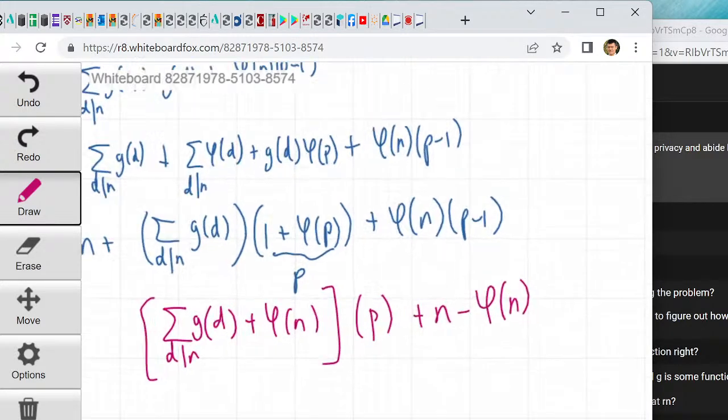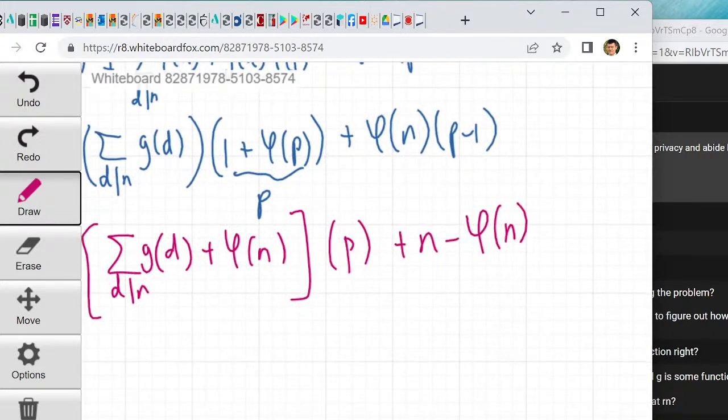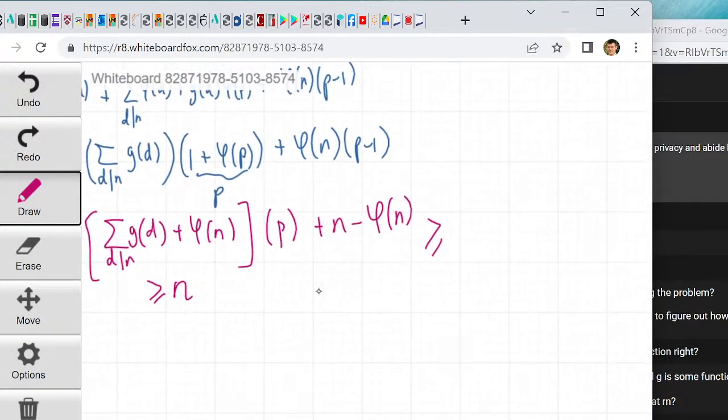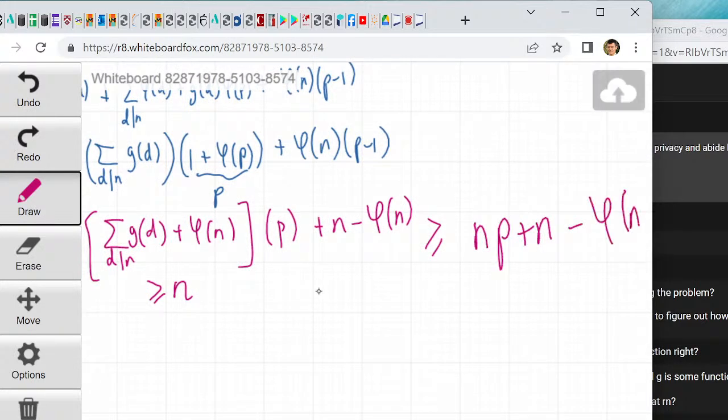So let's see. Maybe it doesn't make a difference. But this thing is greater than or equal to N, right? So this whole thing is greater than or equal to NP plus N minus phi N. Yeah, so actually this is true because all we have to do is show it's greater than or equal to NP.